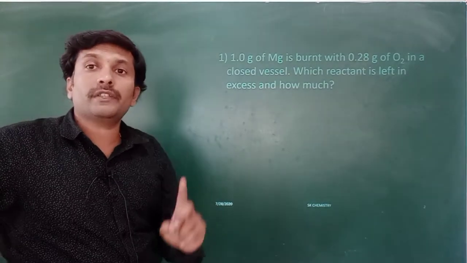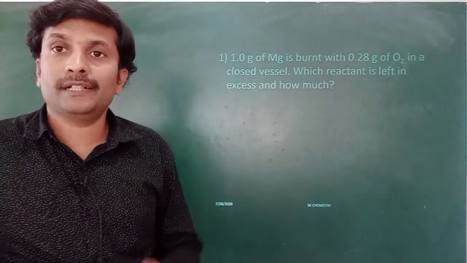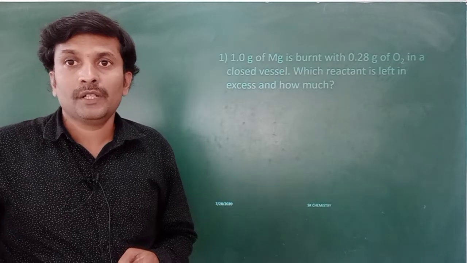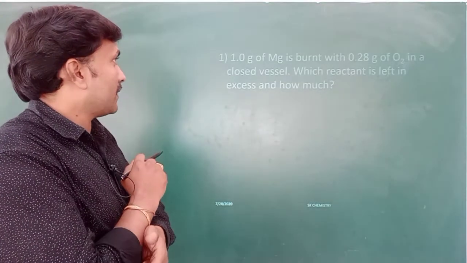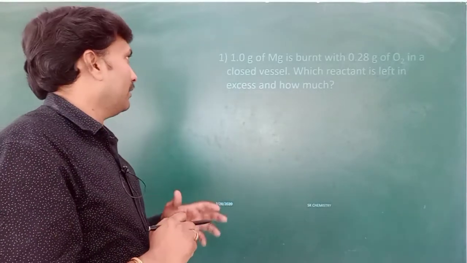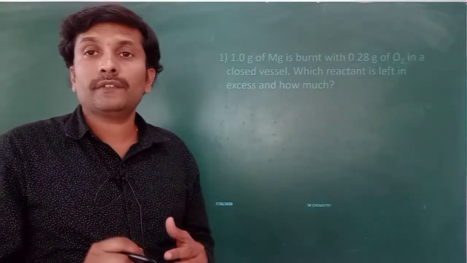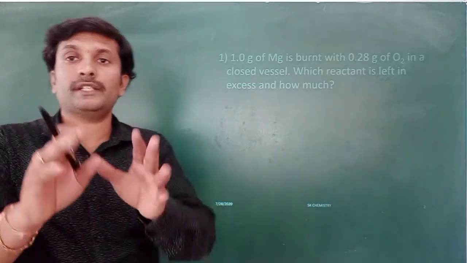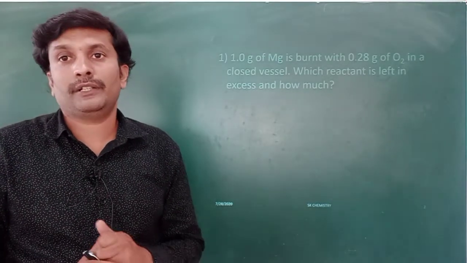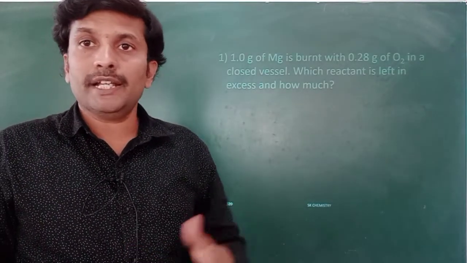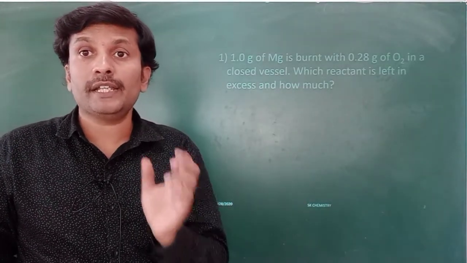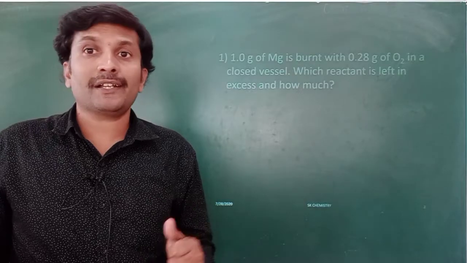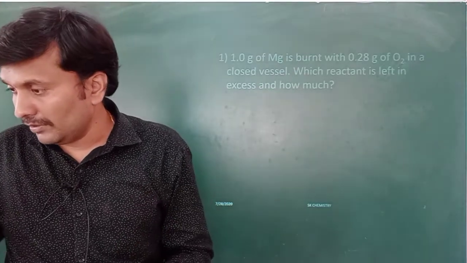It is a question related to the limiting reagent and excess reactant. The first challenge for the student is to be able to write the equation. You are studying NCERT, but you should be capable of writing an equation for this. If not, it is very difficult to answer.